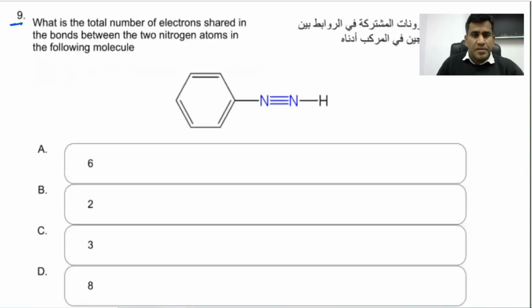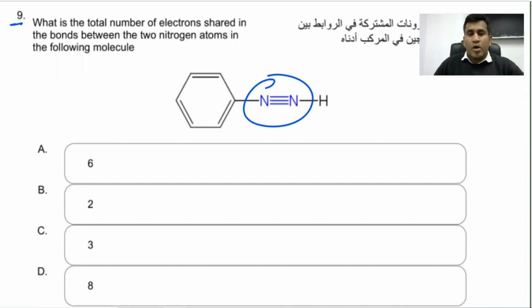Question number 9 is, what is the total number of electrons shared in the bonds between the two nitrogen atoms in the following molecule? I don't know what this molecule represents, but the question is about the total number of electrons shared between the two nitrogen atoms. Whenever electrons are shared, the type of bond formed is called a covalent bond.